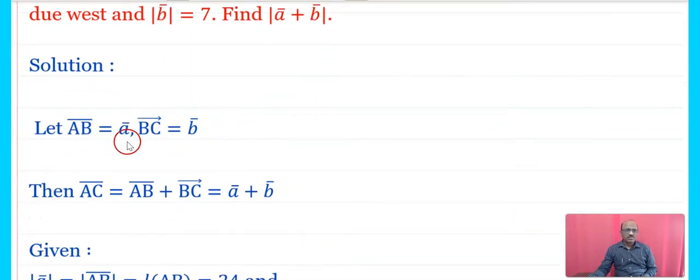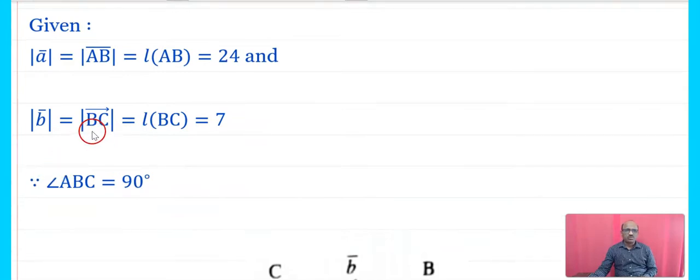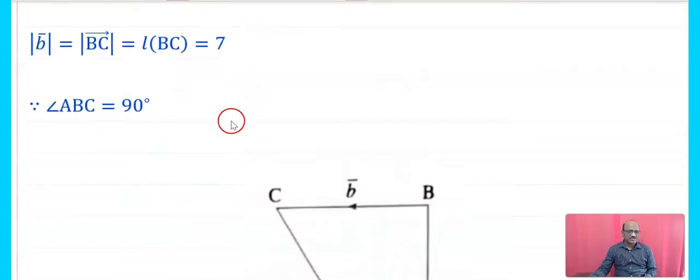AB bar is equal to a bar and BC bar is equal to b bar. Then the AC bar is equal to AB bar plus BC bar, and that's equal to a bar plus b bar. Now mod of a bar is equal to modulus of AB bar, that is equal to length of AB, that's 24. And the mod of b bar is equal to mod of BC bar, that is the length BC, that's 7.